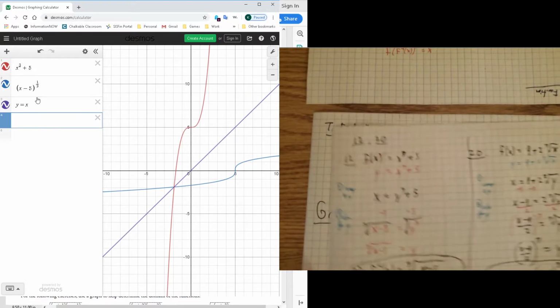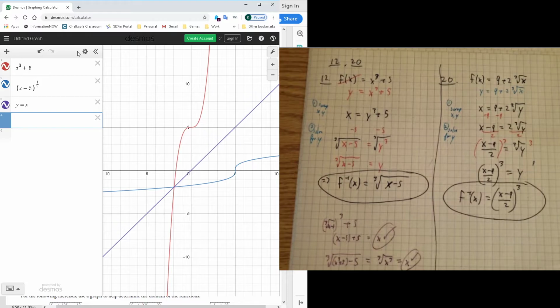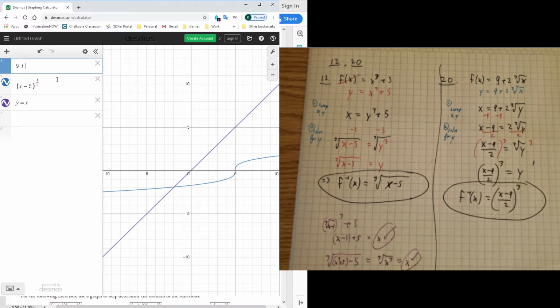Notice it does it for 12, and it will also do it for number 20. So if I go to number 20, I can do the exact same thing. I'm going to come in here and replace this one with my original function, which was 9 plus 2 x to the 1/3 power.